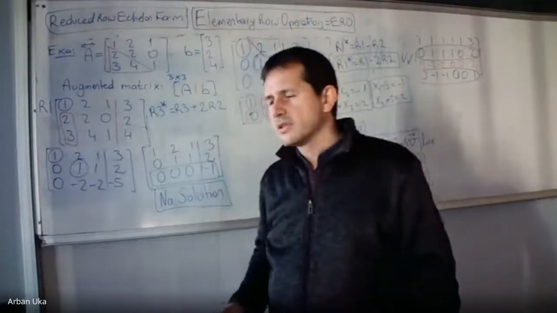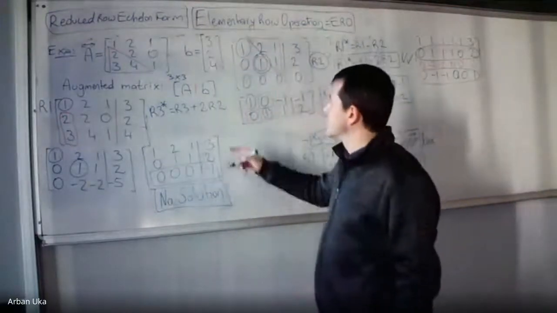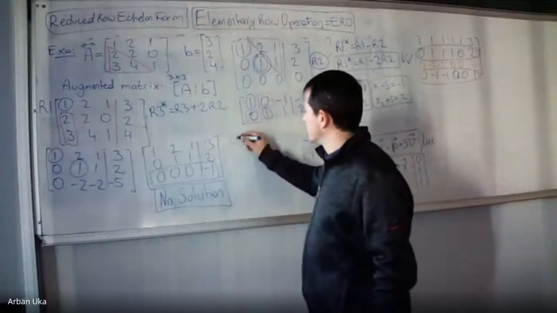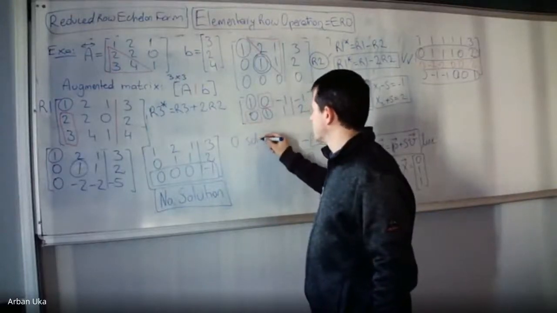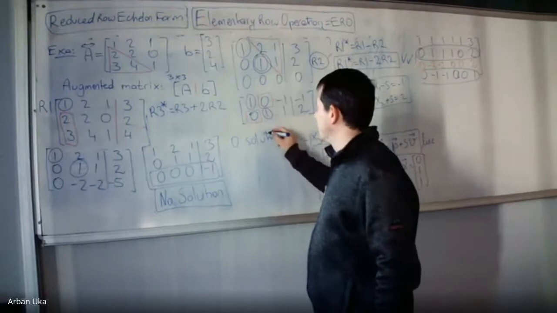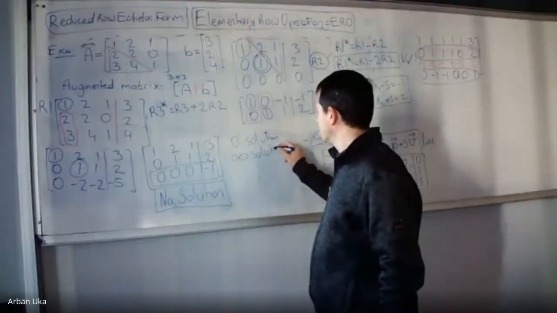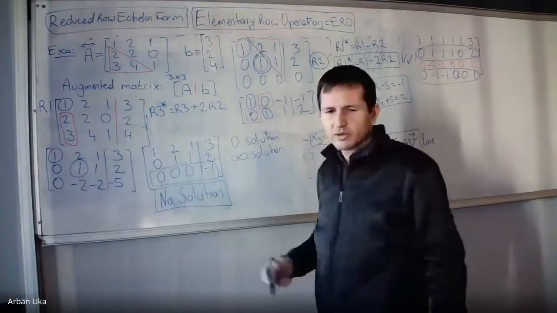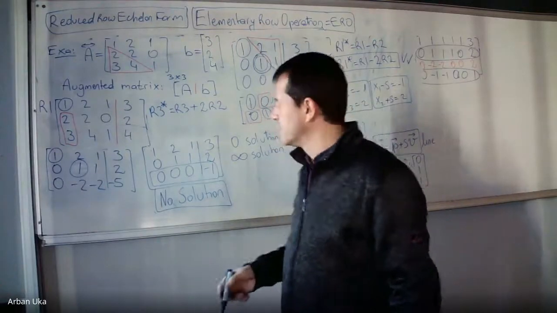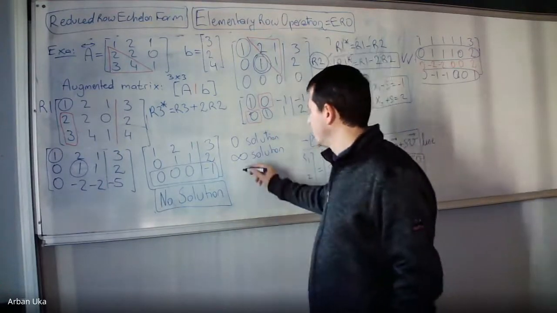So far, what did you see today? We noticed that it is possible for a system of equations to have zero solutions, no solutions. And we have seen also the case when we have an infinite number of solutions. In fact, we were not lucky to get an example today where we have a unique solution.